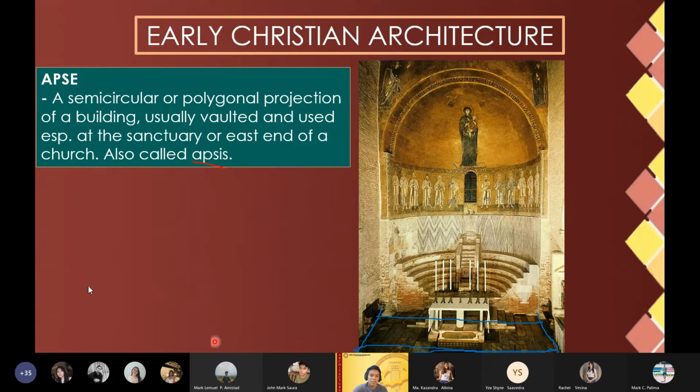If you notice in the plans, if you go back a few slides, the typical basilican church plan is rectangular.